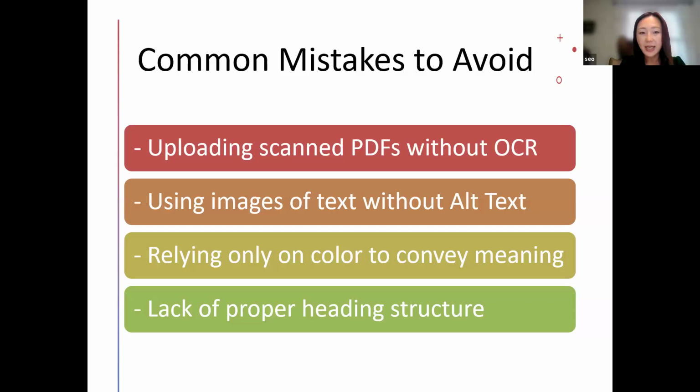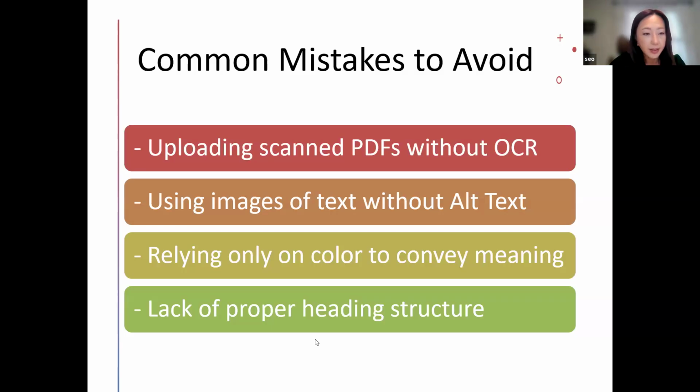That's not good. And a lack of proper heading structure also. It's very important to structure the article with headings so that screen readers know what each heading is. If it's not there, then it's so confusing. So it's important to have proper heading structure.